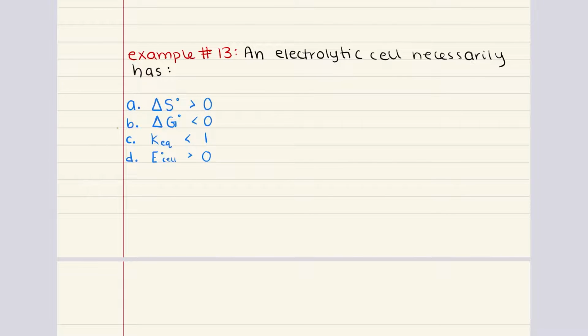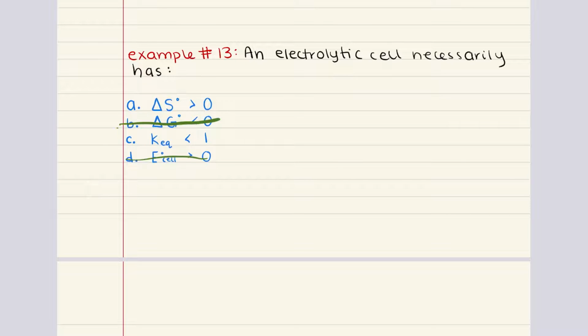Now, an electrolytic cell is non-spontaneous. And so that means the delta G, the change in Gibbs free energy, has to be positive, and the standard EMF of the cell must be negative. Keeping that in mind, we can quickly eliminate B and D because they have the opposite trends for Gibbs free energy and the standard EMF of the cell.